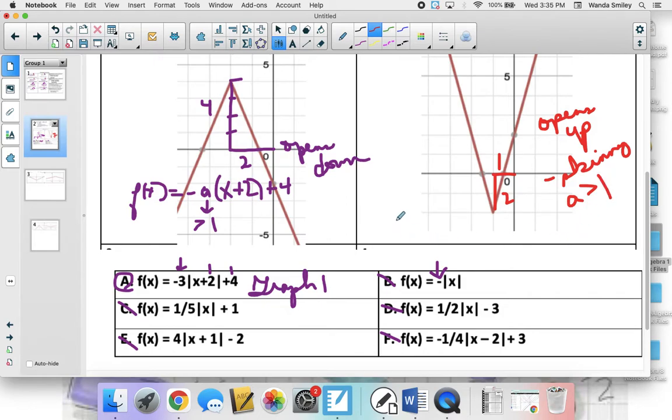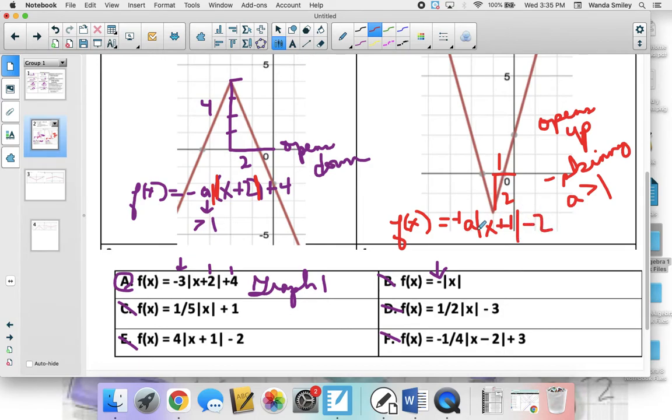Okay? So I'd have f of x is equal to a positive A, and then absolute value bars. I'm so sorry. I'm going to have x plus 1, since it's over to the left one. And outside it's down 2, so it'll be -2.